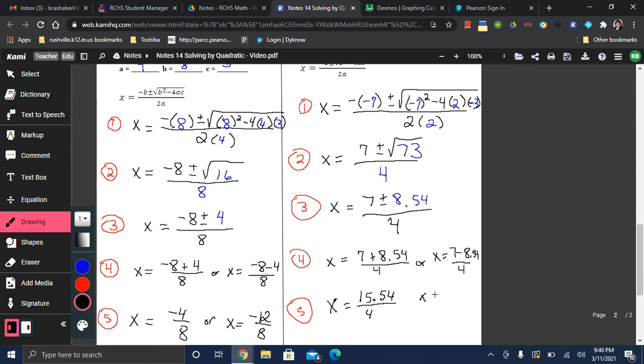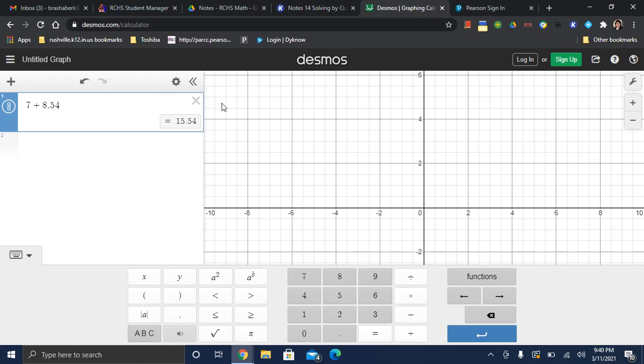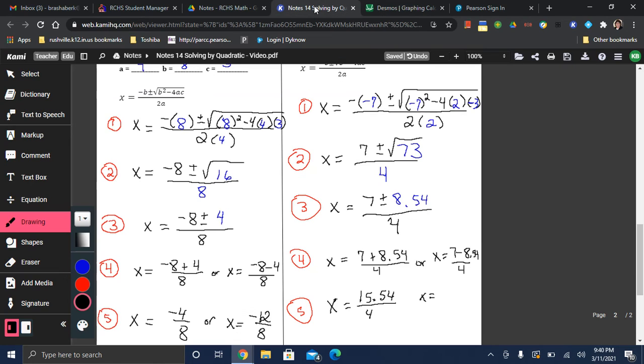Here you have x equals, and then if you need to do the subtraction, you can go to Desmos and just do 7 minus 8.54. It says that it's negative 1.54. So we'll write that in the numerator, negative 1.54, and the bottom is a 4.